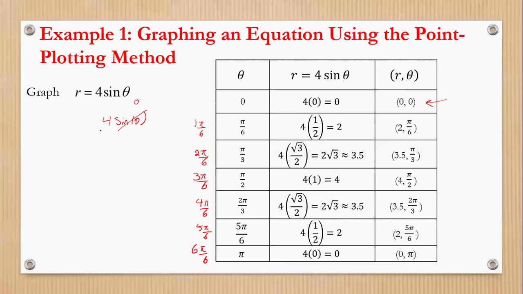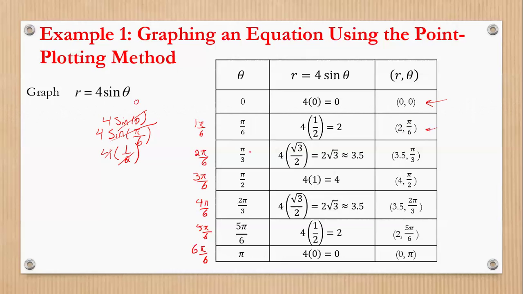If I replace theta by pi over 6, I get 4 sine of pi over 6. Pi over 6 means 30 degrees, and I know the sine of 30 degrees is 1/2. So I get 4 times 1/2, which gives 2. So the next point, r is 2, theta is pi over 6.